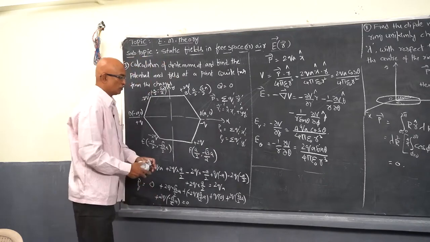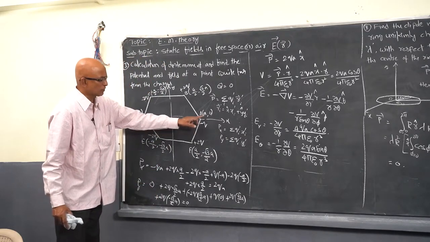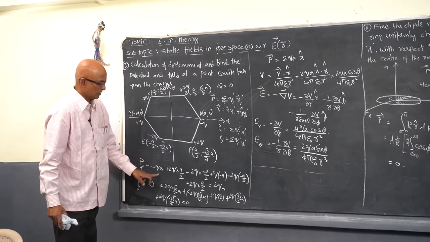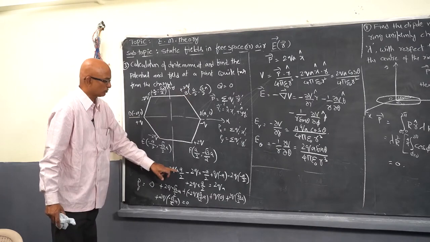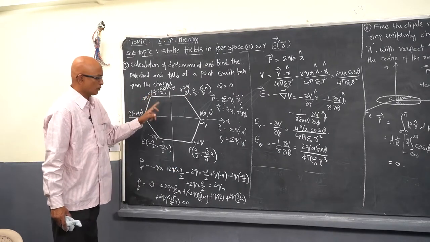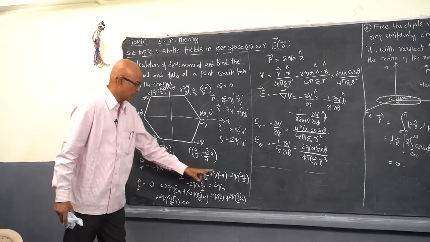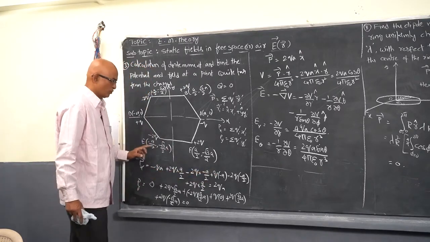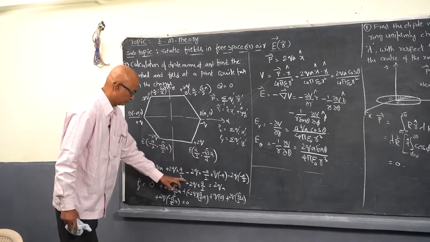That's all. So using it, Px is minus Q into a, then plus 2Q into a by 2, then minus 2Q into minus a by 2, then plus Q into minus a, then minus 2Q into minus a by 2, then plus 2Q into a by 2.